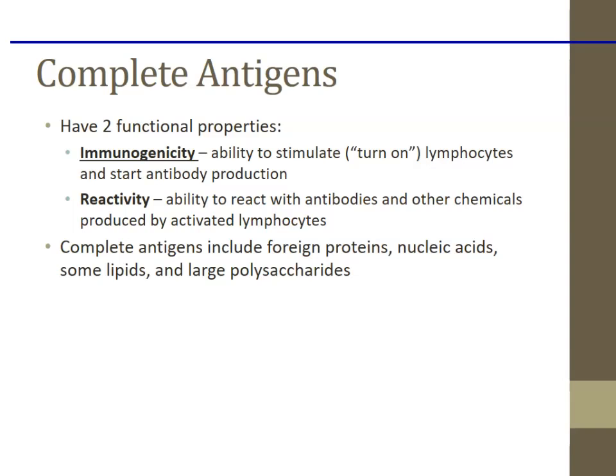So a complete antigen, one that will make a complete immune response, I should say, will be those that are foreign proteins to the body, which in the case of the COVID vaccine, that was a foreign protein. So instead of the COVID vaccine giving you the foreign protein in the form of the actual virus, you were taught to build the foreign protein with the COVID virus, which is a really weird idea, but it worked for some people.